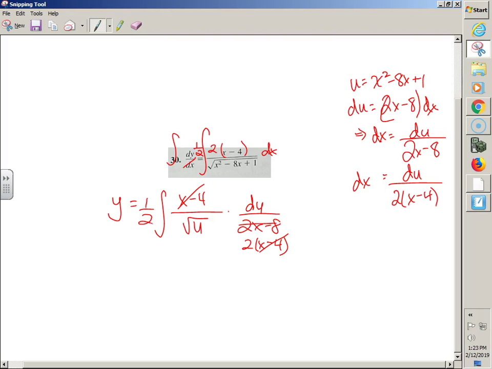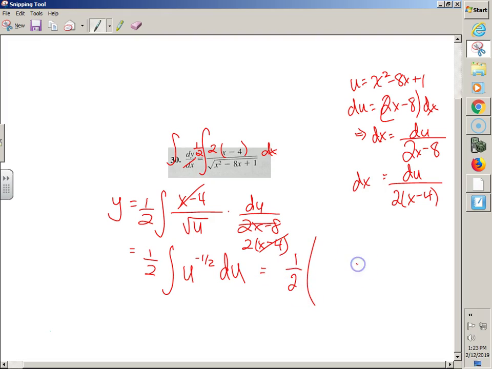Because at the end of the day, you do end up with 1/2 times the integral of du over square root of u, or u to the negative 1/2 du. How do I integrate u to the negative 1/2? Yeah, good. I have that 1/2.